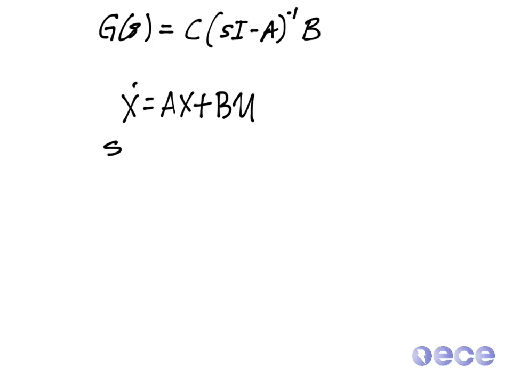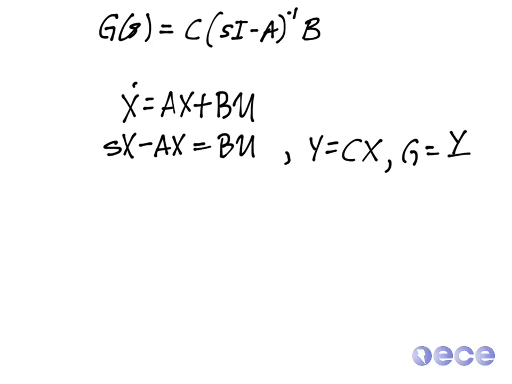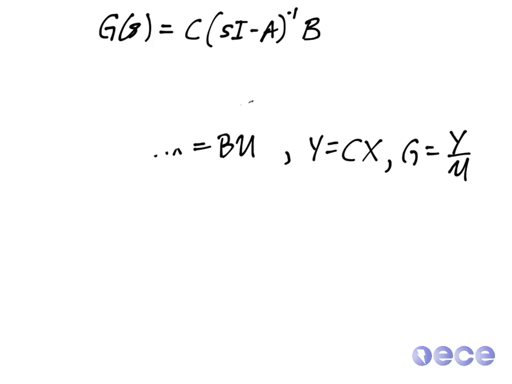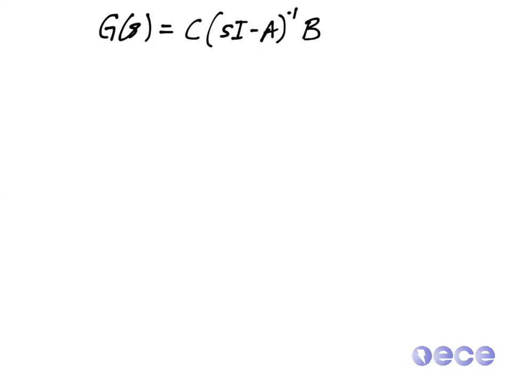Take the Laplace transform, sX minus AX equals BU, and remember that y equals Cx, and that G equals Y over U. You can use this system of equations, do a little bit of algebra, and show that this ends up being your transfer function. So if you want to do that for a minute, go ahead and push pause on this video. Once you've convinced yourself of this fact, you can come back.